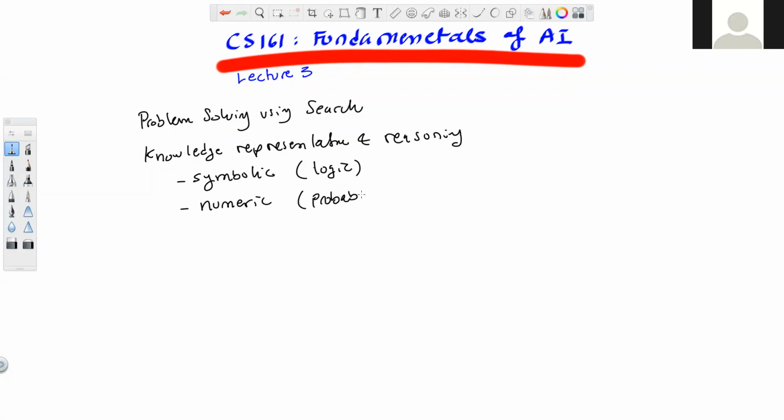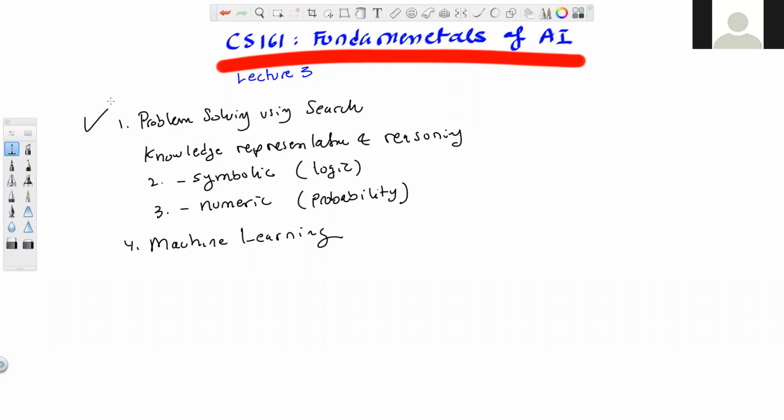You can think of the first one as representing and reasoning about facts, and this is representing and reasoning under uncertainty. And the other major component is machine learning. So really 4 major components. You can think of this as 1, 2, 3, and 4. And today we're starting with this particular subject.